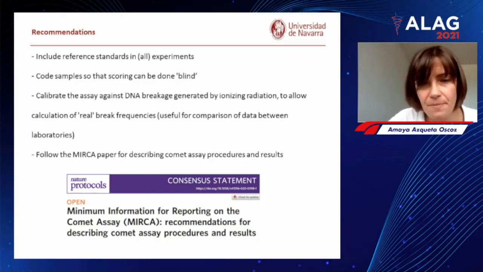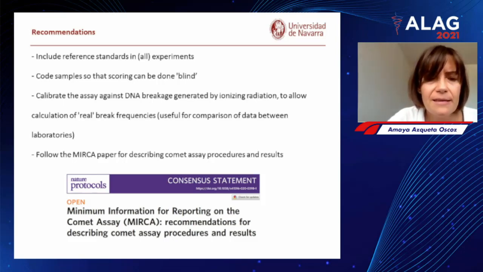MIRCA has already talked about the MIRCA paper. It's a consensus statement among, I think, more than 30 researchers from different institutions and countries. And the title of this consensus is the Minimum Information for Reporting on the Comet Assay, recommendations for describing Comet assay procedures and results.